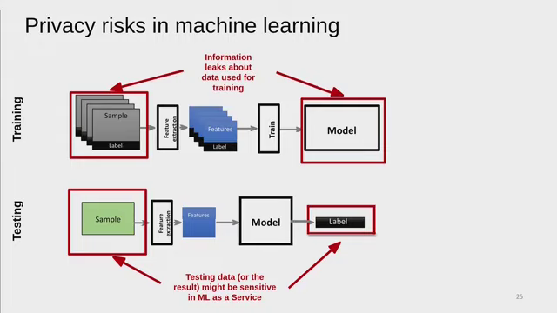During training, it could be due to the data used for training, and during testing, the testing data itself or the actual results might be sensitive as well. Both could leak certain information.